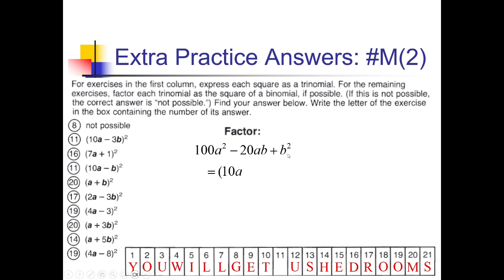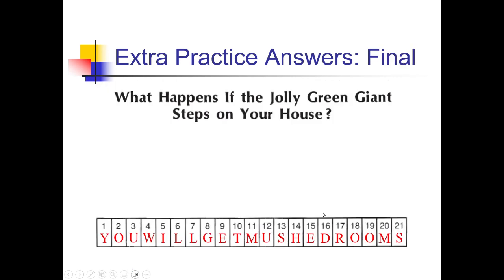If I square root that B over there, that's the last term, I'm going to get B. Middle term's negative, so negative B. 2 times 10A times negative B, that's going to be negative 20AB, which matches what we started with here. So that's going to be, let's see, (10A minus B) squared. That's this number 11 right here. So 11, not surprisingly, gets an M, and we've filled in all the letters now. Let's see if we can actually solve this puzzle.